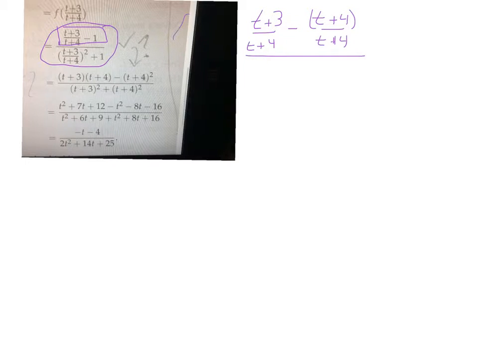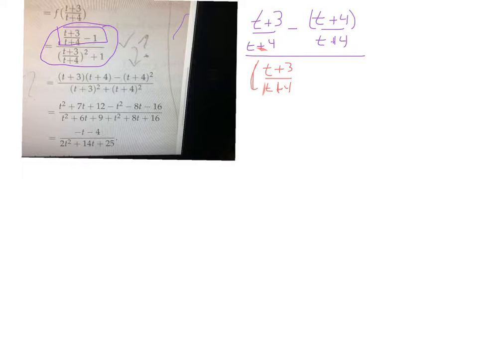Now on the bottom part, I've got t plus 3 over t plus 4. And instead of writing it all in brackets squared like that, let's write it a bit differently. Oh, what happened there? That is not the eraser at all. Hang on. Now it won't let me erase my first line.